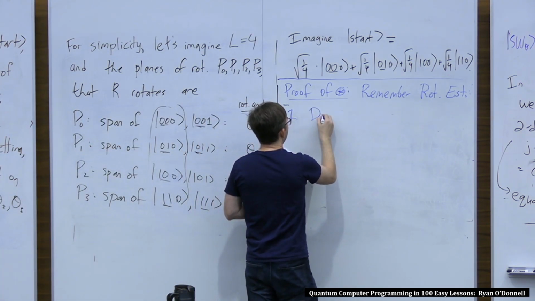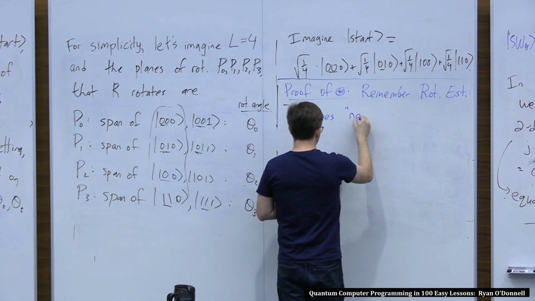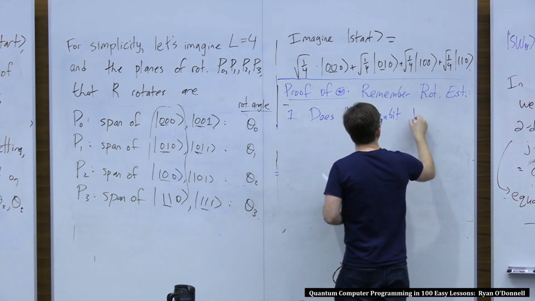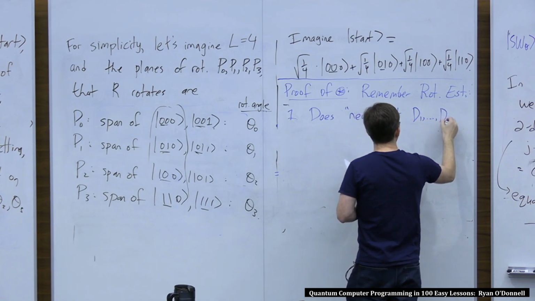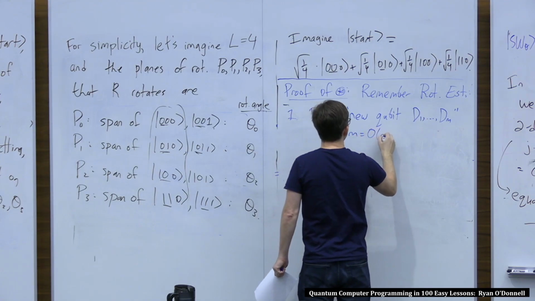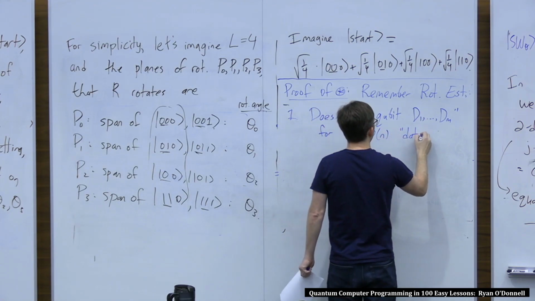So it makes new qubits. You'll have to go back to lecture 21 if you forget this stuff, but D1 through Dm, for, I don't know, m equals order n. I called them data qubits.